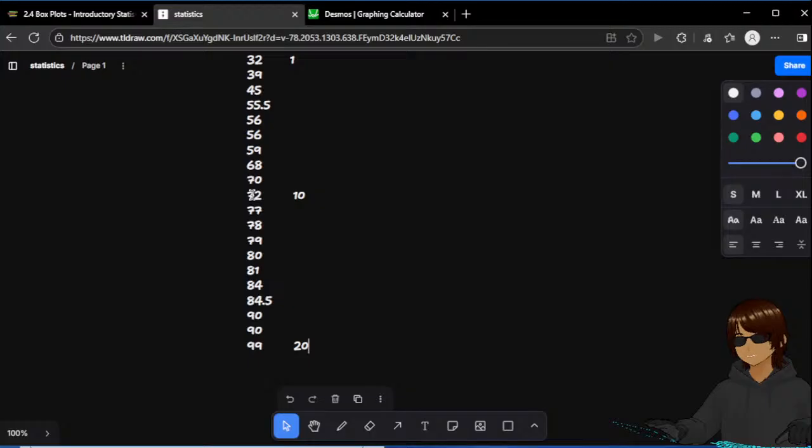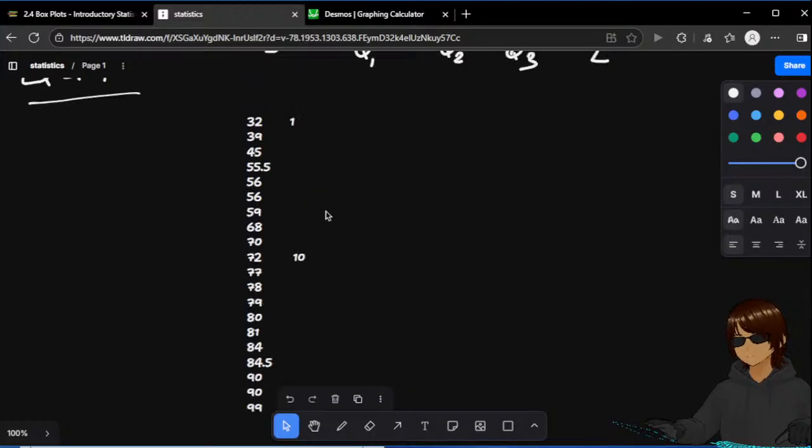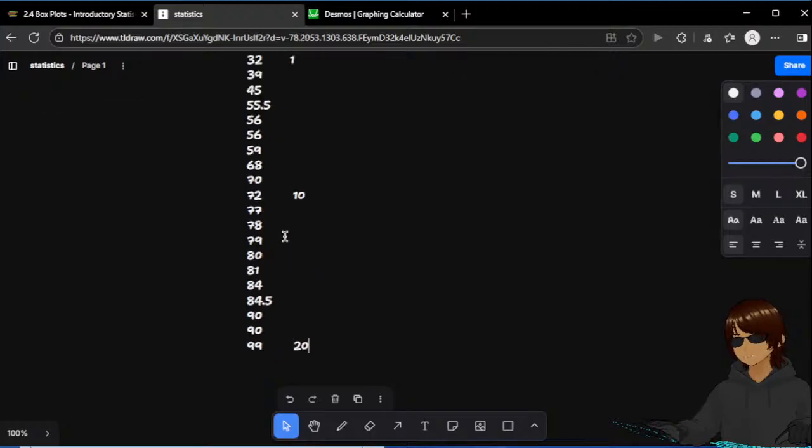The median is this, right? 72. So 1 to 9, including this. So there are 9 scores here. 21 to 20. No, wait. Median is between 72 and 77, right?